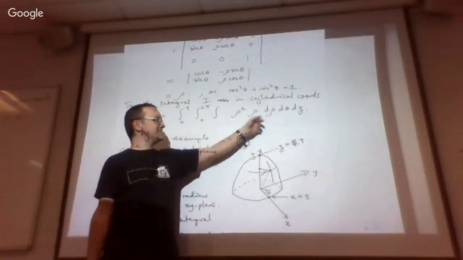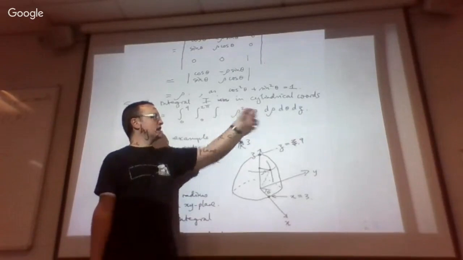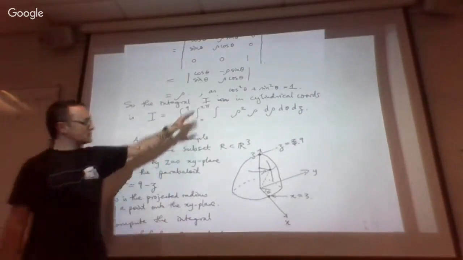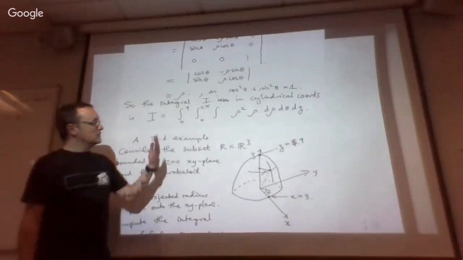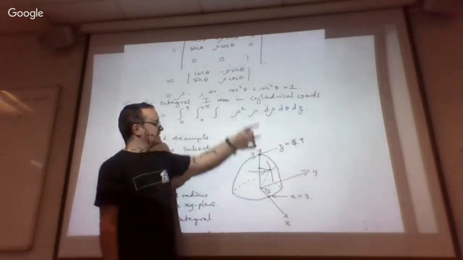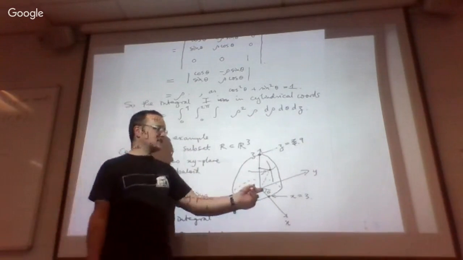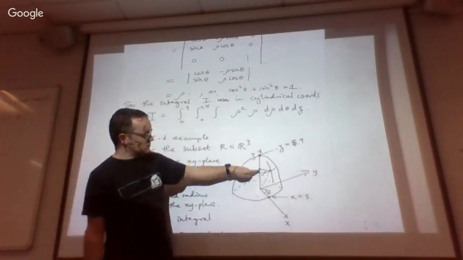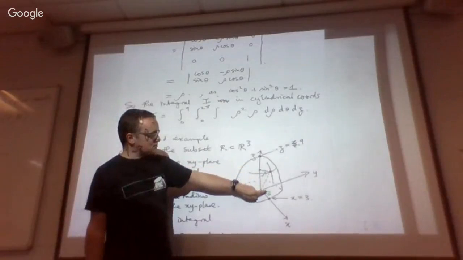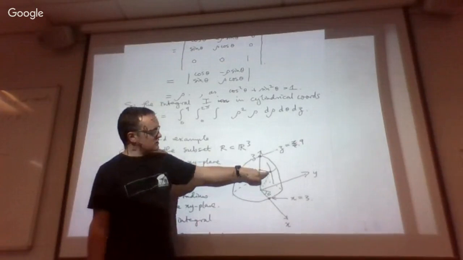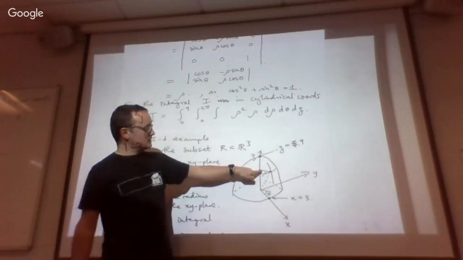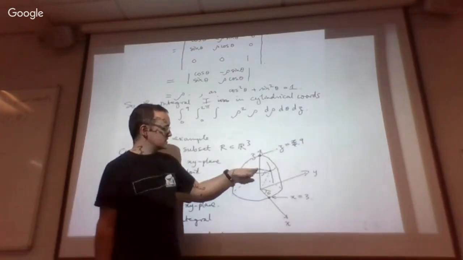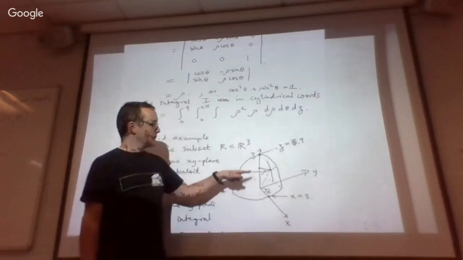So what are the values for rho? We're at this particular height z, at this particular angle theta. We're interested in this projected radius line.